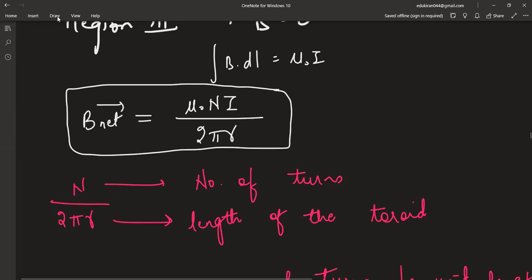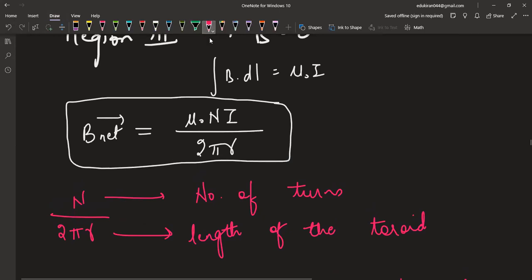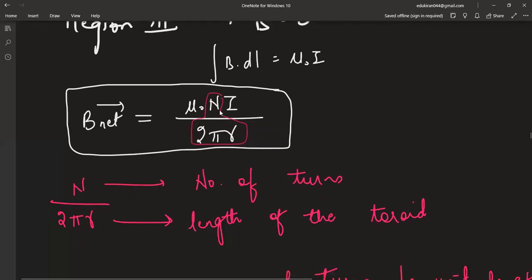Now see, this is the number of turns per unit length. If you see, the number of turns divided by 2 pi r, where 2 pi r is actually the length of the circle. N is the number of turns and 2 pi r is the length of the toroid. So this is ultimately the same formula.